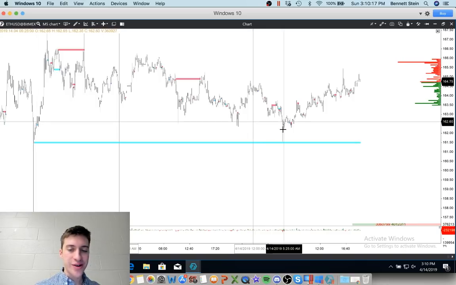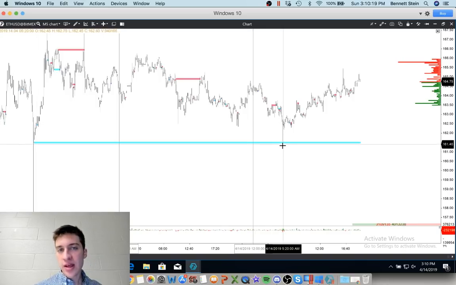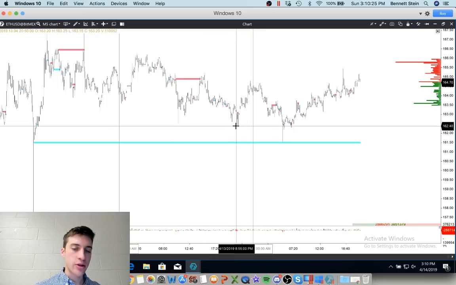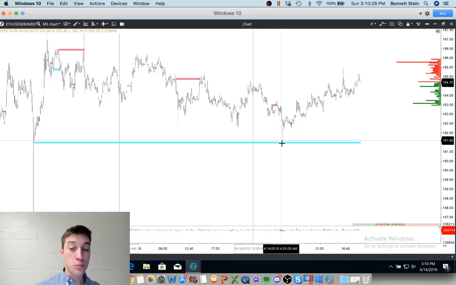We see a tail go exactly down to that level to fulfill the liquidity. Also, it might be a stop loss hunt because you can see it went below here and here. But for all intents and purposes, I think looking at these unfinished auctions can be pretty helpful.